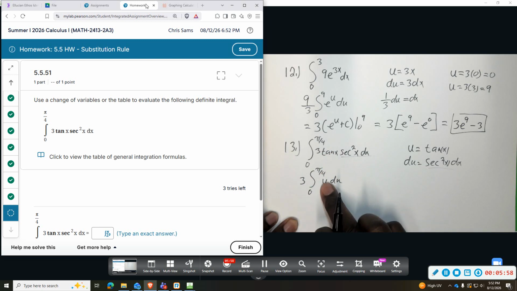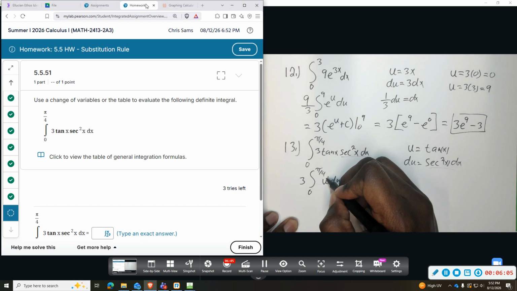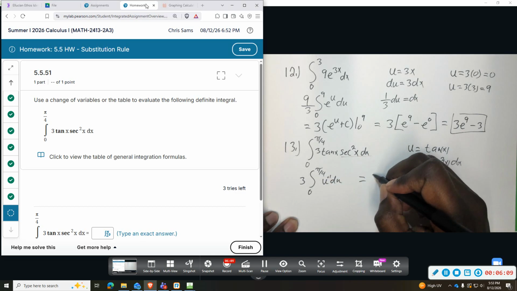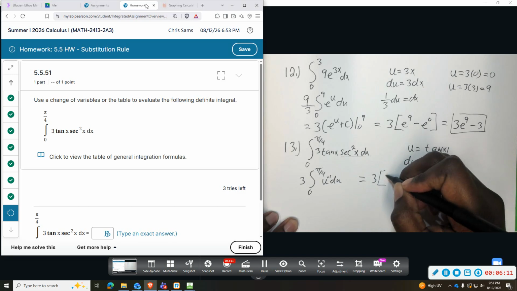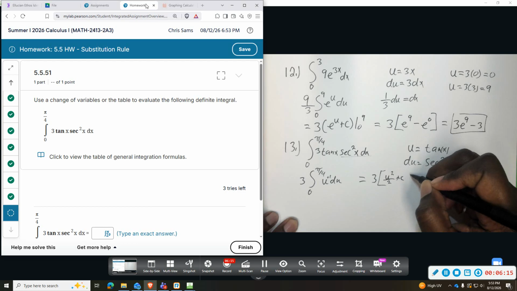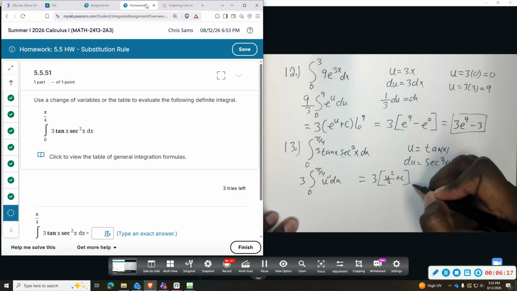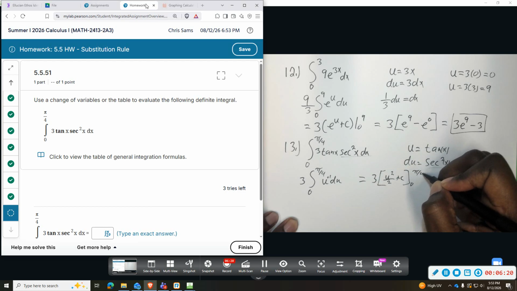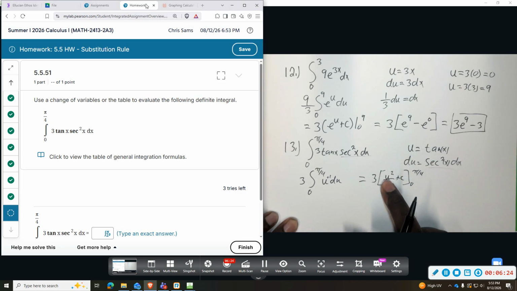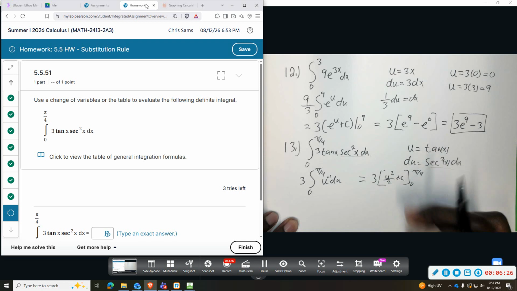Now when we do power rule, if I raise this to the power plus 1, they give me u squared divided by 2. So this will be the 3 on the outside, u squared divided by 2 plus c, and this is going to be evaluated from 0 to pi over 4. In order to do that, I need to go back and replace the u with what I started with.